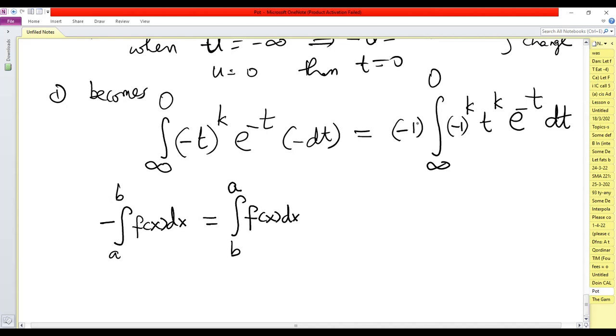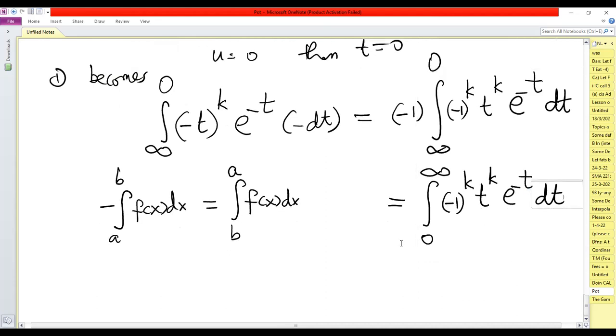So I will do away with this negative sign by simply interchanging the limits. Lower limit becomes the upper limit and vice versa. So this is the same as now the integral from 0 to infinity of negative 1 to the power k, t to the power k, e raised to the power negative t, dt.